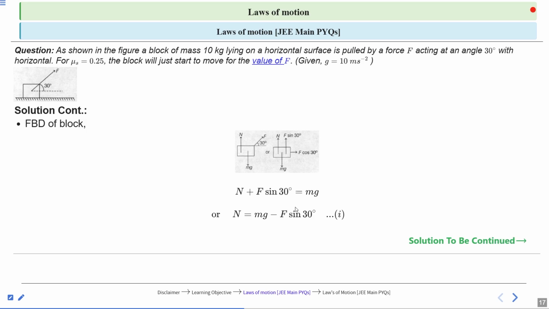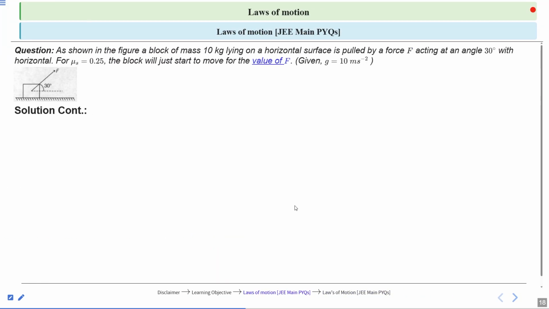Similarly, using the free body diagram of the block, the force along the horizontal axis is F cos 30 degree. In the x direction, the sum of all forces is equal to mass into acceleration.